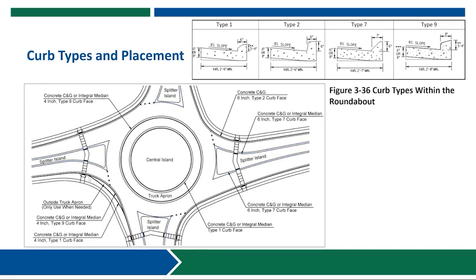In corners or along the entries where an outside truck apron is used, you would maintain the same Type 2 curb face with curb and gutter leading up to the start of the truck apron. And at that point, you would transition into a Type 9 mountable curb face along the perimeter of the truck apron with the Type 1 curb face along the back of that mountable outside apron.